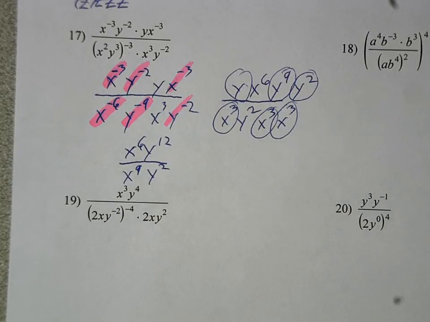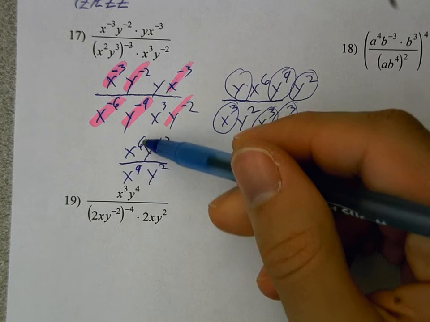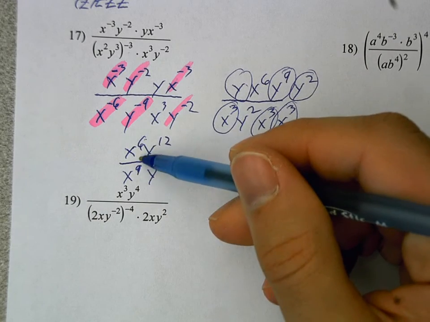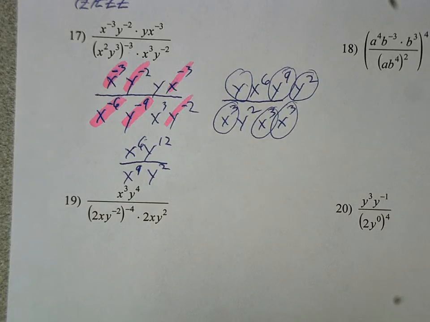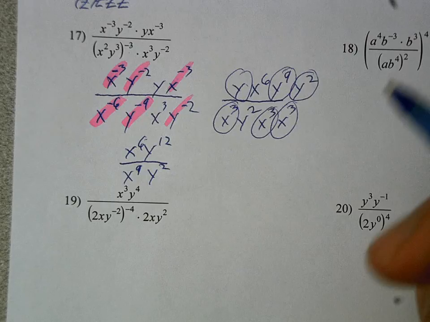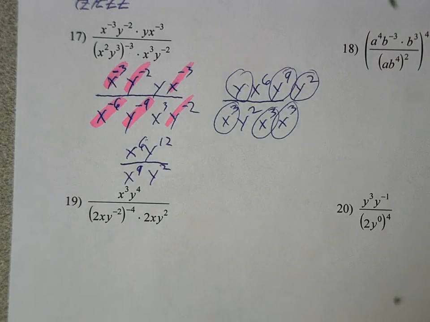Let's look at the x's now. Carson, if I have x to the 6th and x to the 9th, when I cancel those out, how many are going to be left over? Or if I do subtraction, what am I going to get? 3 is perfect. Now, actually, I'm going to get somebody else to answer this.